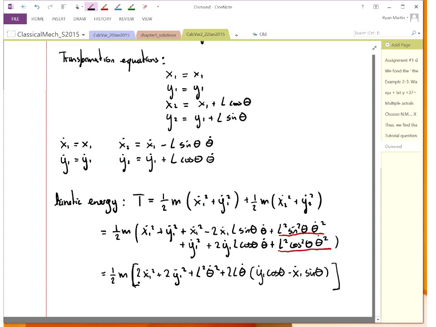And that's the answer. That's the kinetic energy expressed in terms of our generalized coordinates and the generalized velocity.